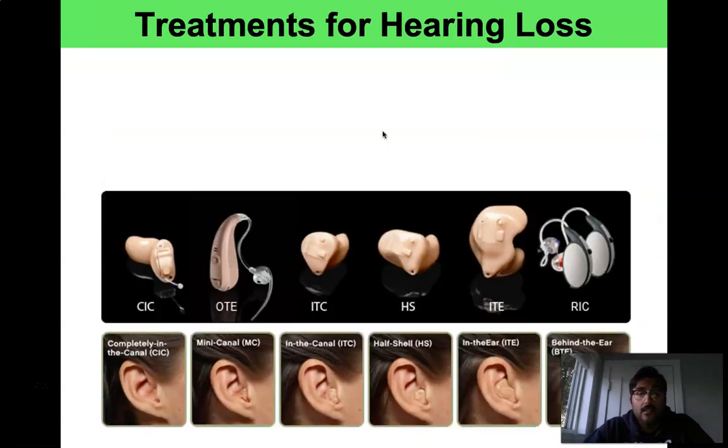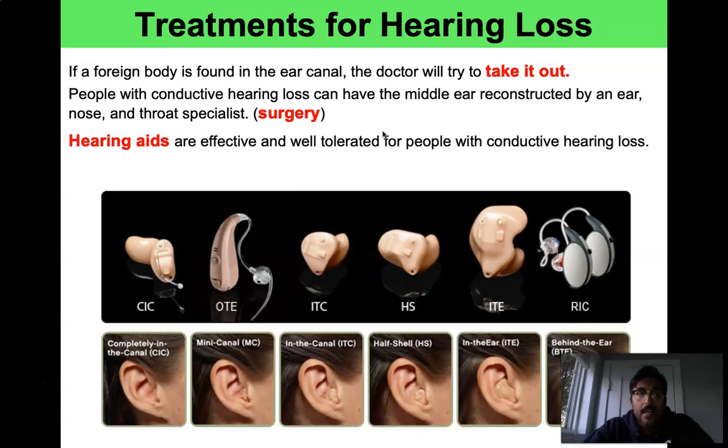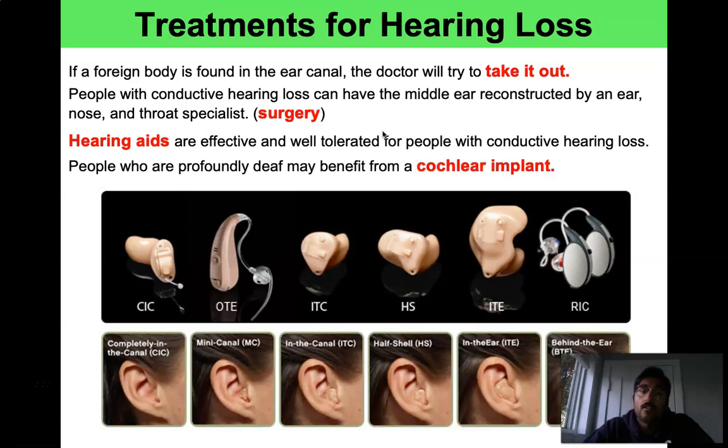You can treat hearing loss with conductive hearing technologies. Hearing aids are really common. They're good for people that have conductive hearing loss, but people who are more profoundly hard of hearing might benefit from something called a cochlear implant.